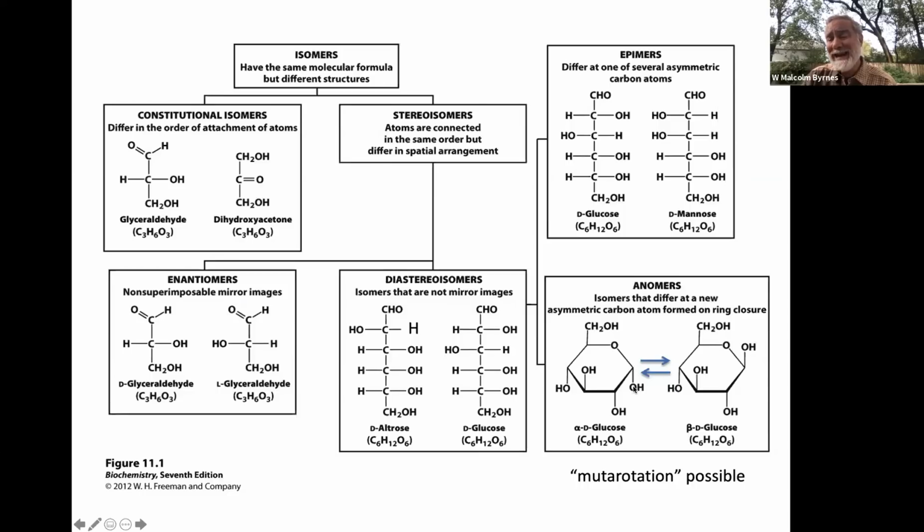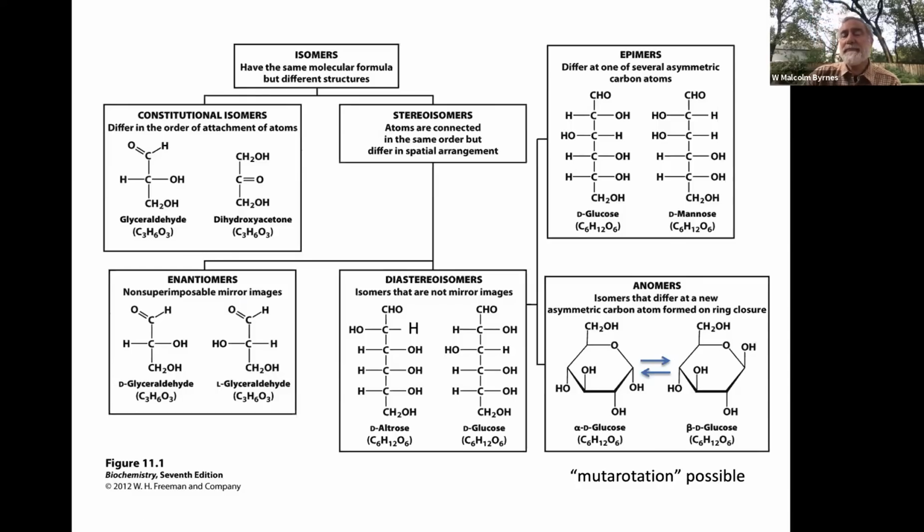That OH can be in the down position relative to the ring with the CH2OH at the top here, or it can be up on the same side as that CH2OH. When it's on the same side, it's called beta. When it's on the opposite side of that CH2OH up here, it's called alpha. These two are called anomers. So we can talk about the alpha anomer and the beta anomer.